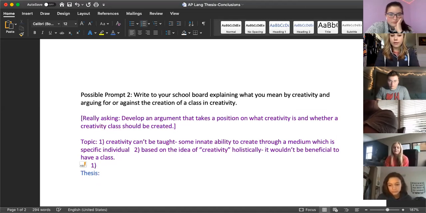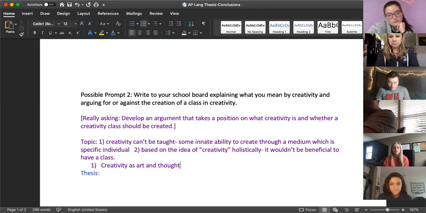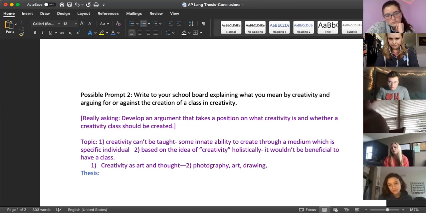Now we could always define creativity as, I guess, the stereotypical means of creativity, right? Art and thought, maybe. And that would need more development there. But if that was the case, then we would be talking about photography, art, drawing, graphic design.